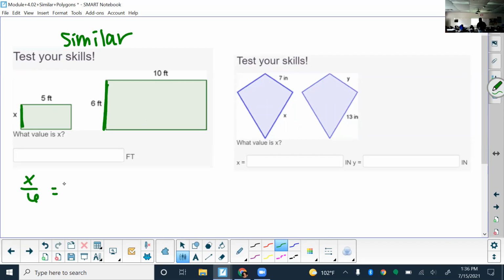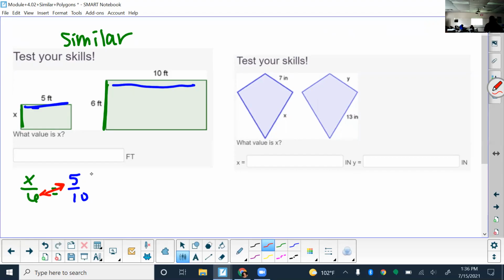So x over 6 equal to 5 over 10 can help me find the value of x. All right, we just learned this one. So you set up your proportion, and then what do you do? We cross multiply.